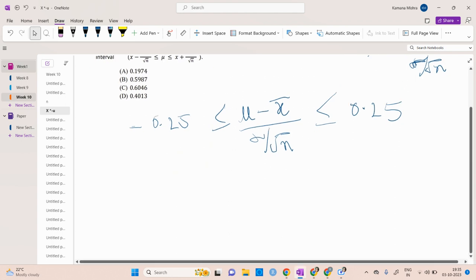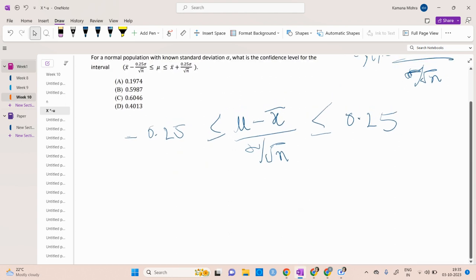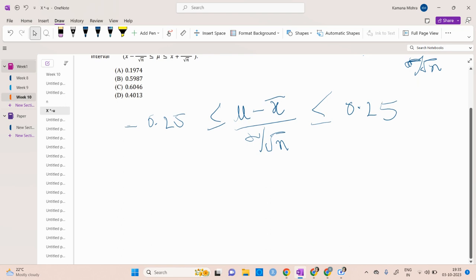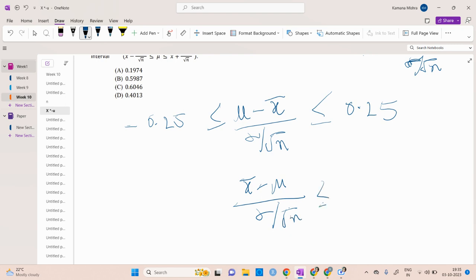Okay, so that one is in minus 2.5 to 2.5. So x bar minus mu upon sigma upon root n, that one will also be minus 2.5 to 2.5, because we do the multiplication with the minus, then the sign will change.